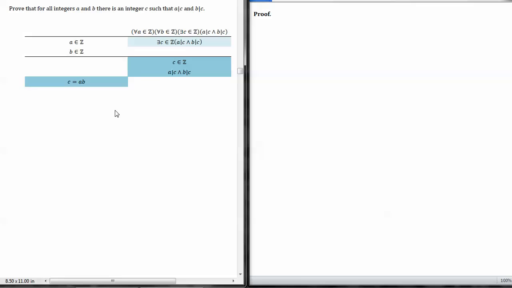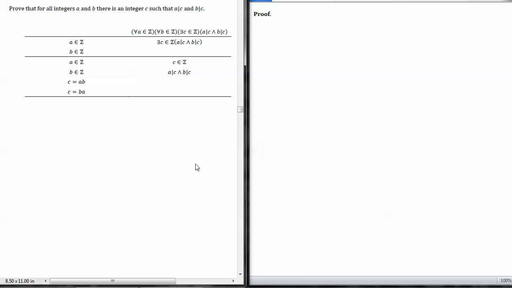Okay. So that becomes a given. And then we're going to have to prove that c, defined that way, is in fact an integer, and that a and b do both divide it. It's going to be handy to write c equals b times a as well in a little bit. And that follows from the previous line just by commutativity of multiplication of integers. All right.